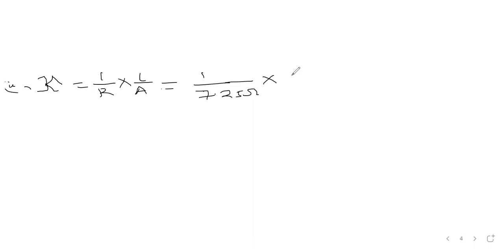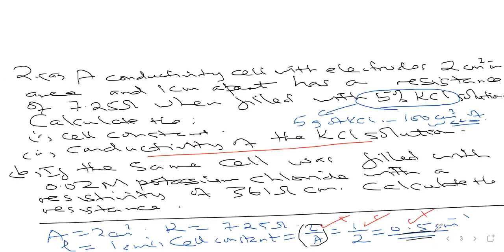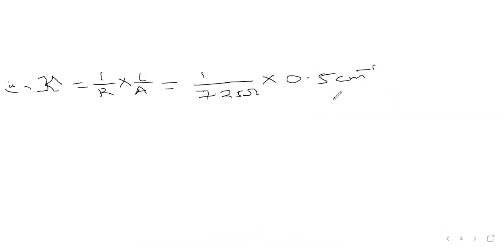The cell constant is 0.5 per centimeter, according to this. So what is my final answer? When I do this calculation here, my final answer would be 0.06897 per ohm.